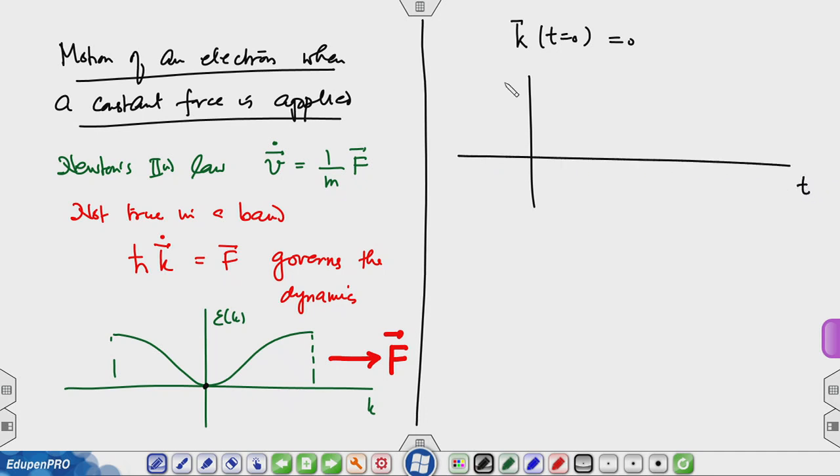This is the time, this is k. k will increase linearly, it is a constant force, go all the way up to pi by a, and that point is equivalent to, let me write it on top, this is pi by a, and this is equivalent to minus pi by a.